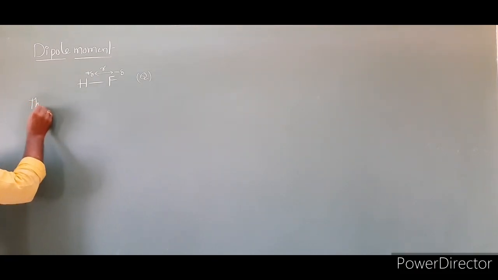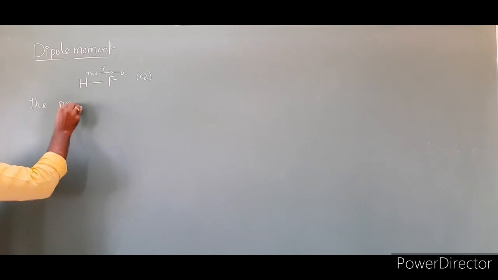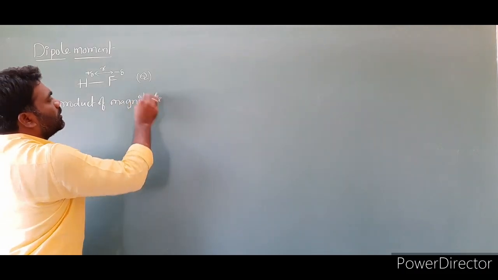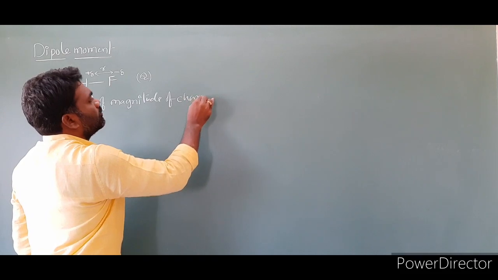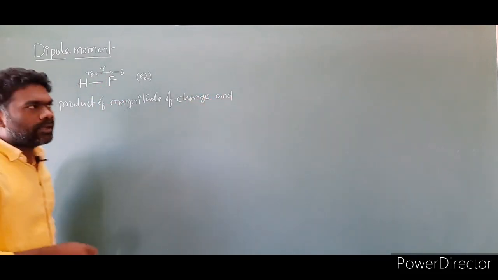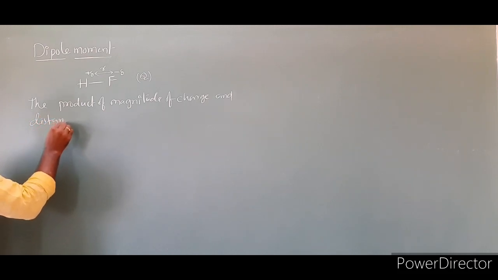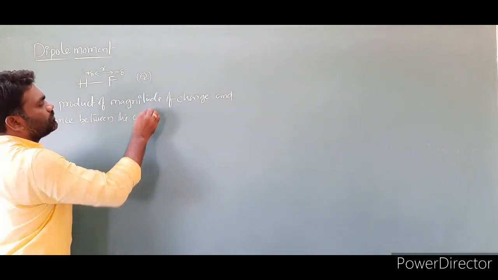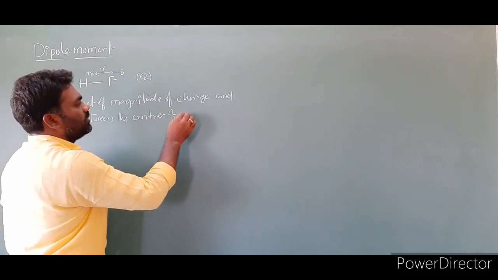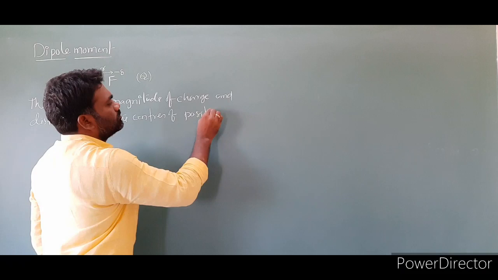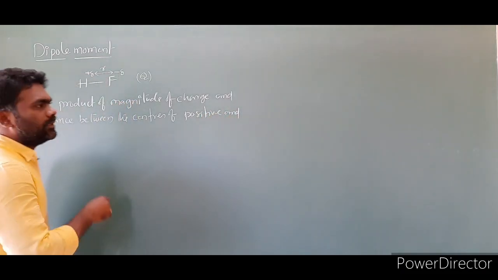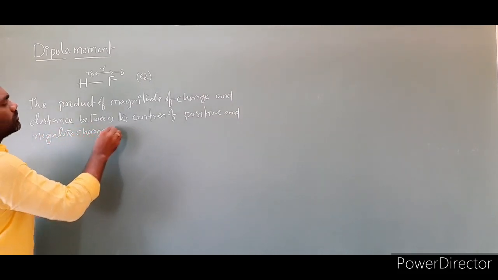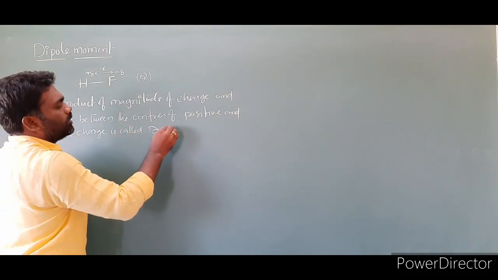Let us write it. The product of magnitude of charge Q and distance between the centers of positive and negative charge is called dipole moment.